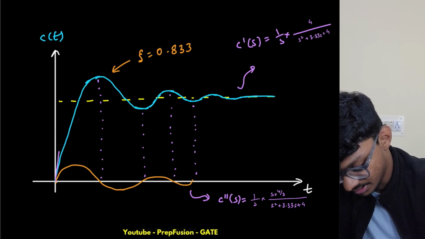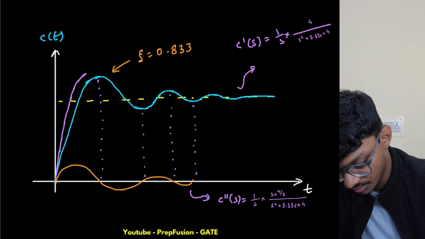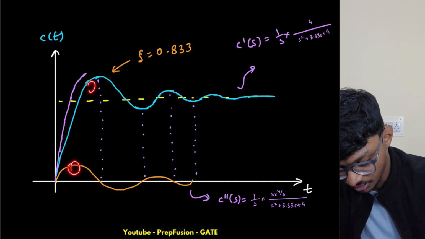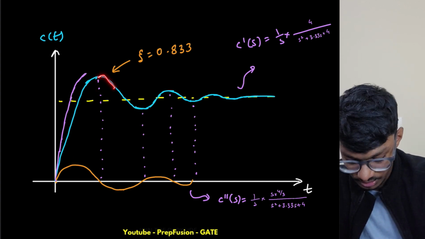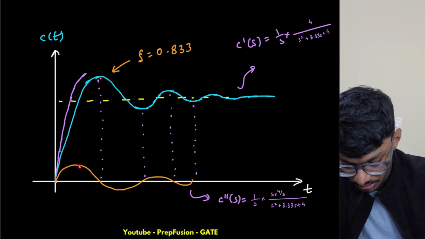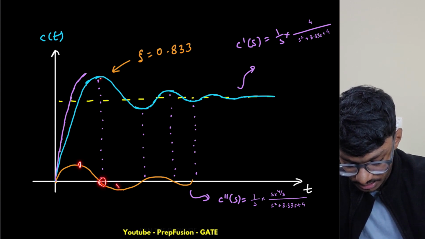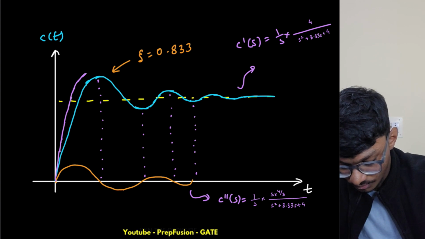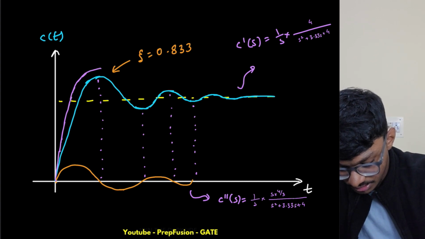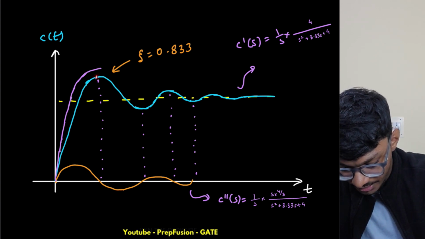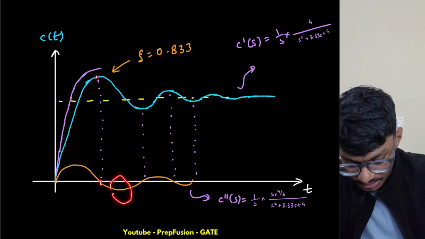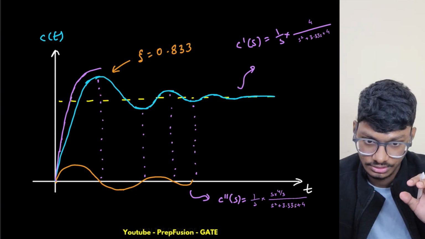This will increase, and still it will increase, because this is positive and this is also positive, but here this is reducing, and at this stage this is negative. So it will be something like this.